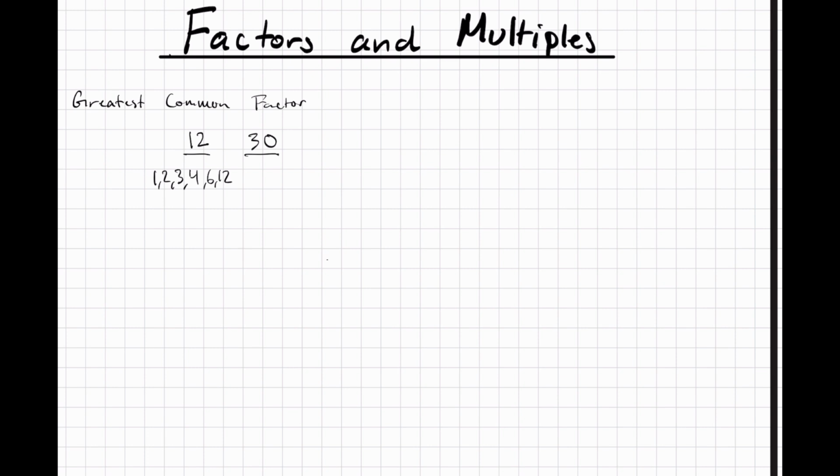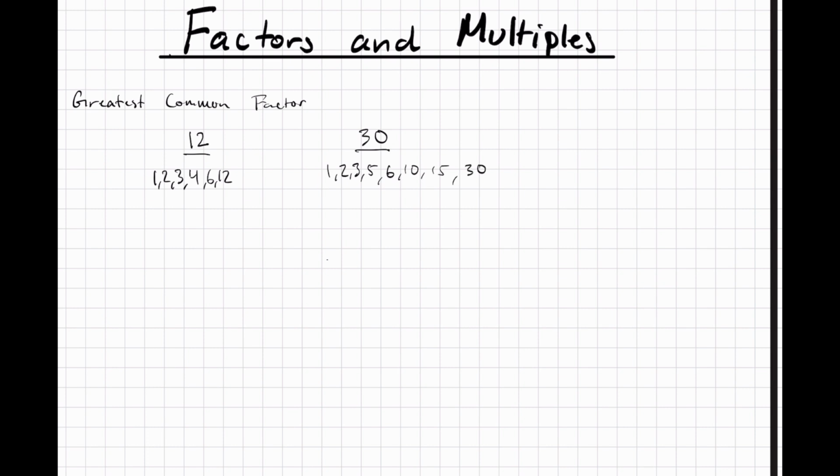These are all the factors of 12. We could do a prime factorization tree to find the factors of 30, but instead, I'll just write them out for ease. 30 has 1, 2, 3, 5, 6, 10, 15, and 30.